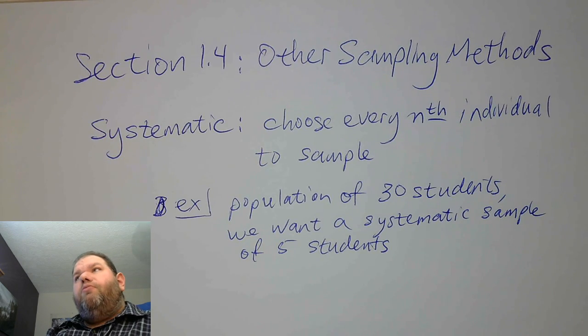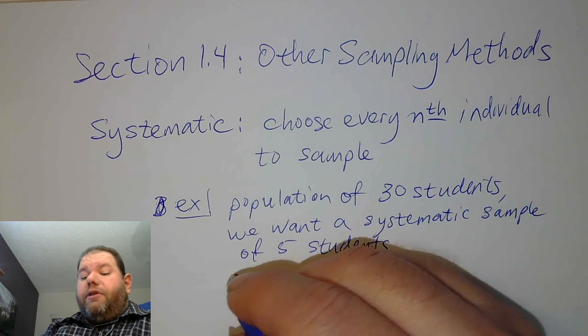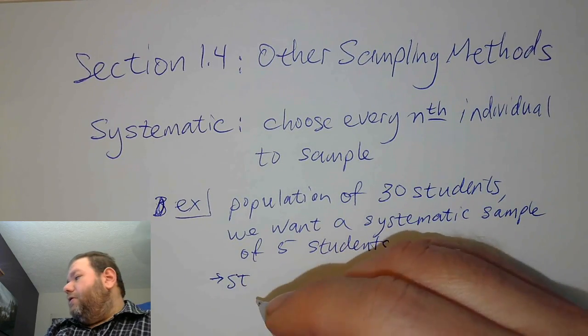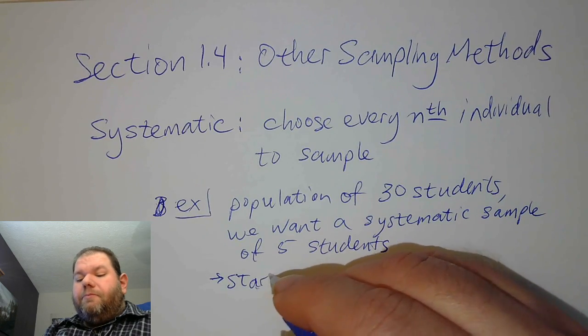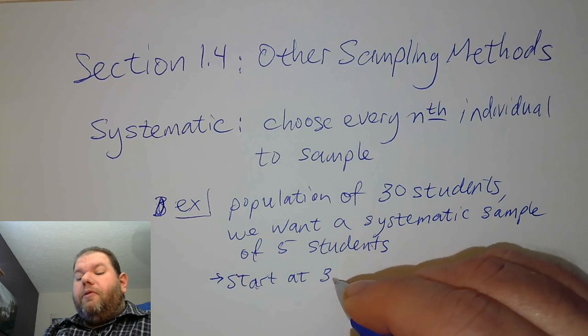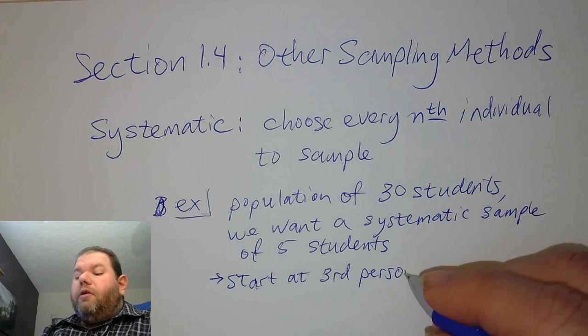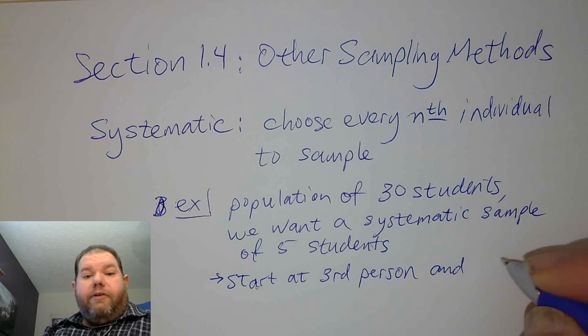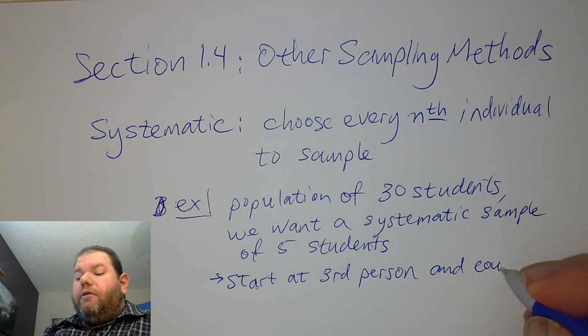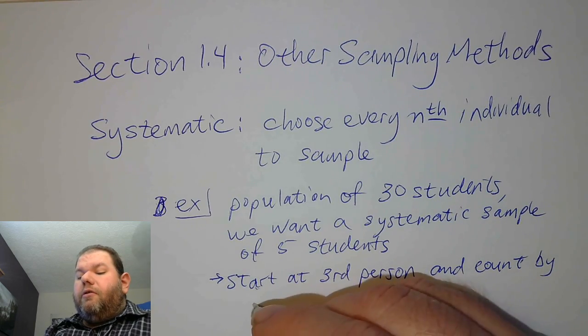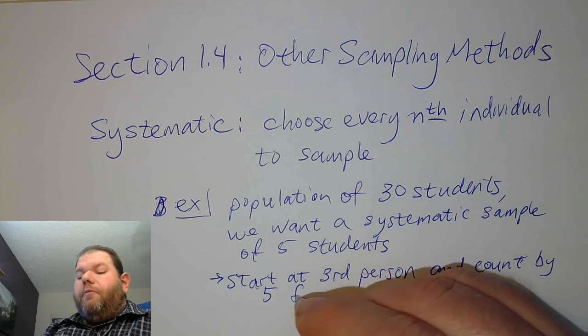Like maybe we'll pick the first one that we sample at random, like anywhere from 1 to 5. So let's say we randomly select 3. So we'll start at the third person, and let's say we count by 5 from there.